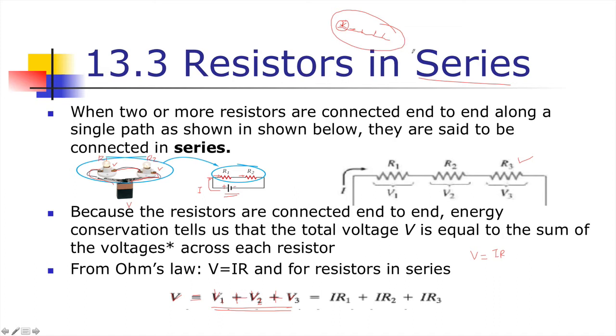So in a series circuit, that is simply why it happens: the current has only one path. It passes through one, and then it passes through the second one. If there's a third one, it passes through the third one, and so on. If any one of them dies, there's no alternative path for the current to go through to the second resistor.